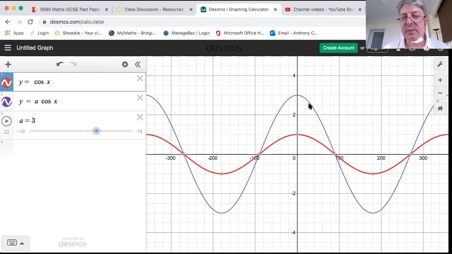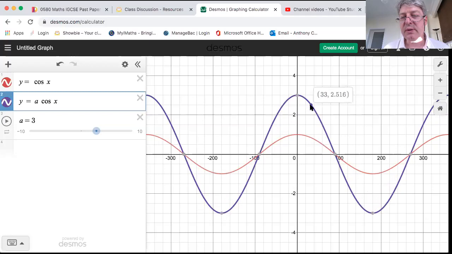So if we go to the purple graph, roughly get to 34, we're nearly there, 34, 2.4, as I said, 2.487. So you can see that what this is called is a stretch, and the graph is moving up and down parallel to the y-axis. So this is called a stretch of scale factor 3.